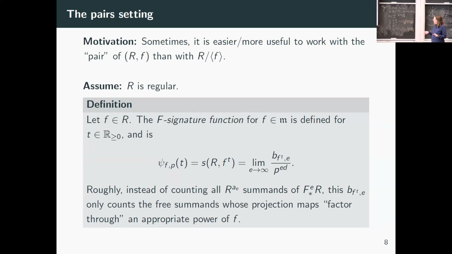And so maybe the most I'm going to say is that these projection maps, I want them to factor through an appropriate power of f. And an appropriate power here means something to do with t and with this p to the e as the e is growing here. And it's best if we don't get into any more detail than that.